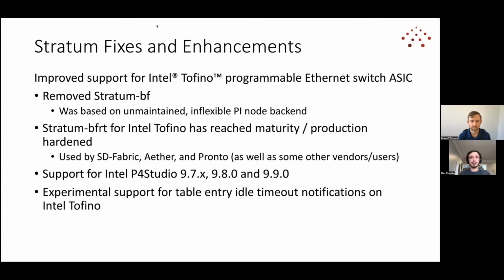While PI provided fairly easy and convenient access to the ASIC in the beginning stages of the project, over time it became a little too unmaintained and too inflexible for our needs, so we had to drop it. Stratum BF is superseded by Stratum BFRT, which has full feature parity and can be used as a near drop-in replacement. So there's nothing lost really. It's really just a more up-to-date version of the code with the same or more features actually. Only the P4 pipeline packing process needs to be updated a little, for which Stratum provides all the necessary tools.